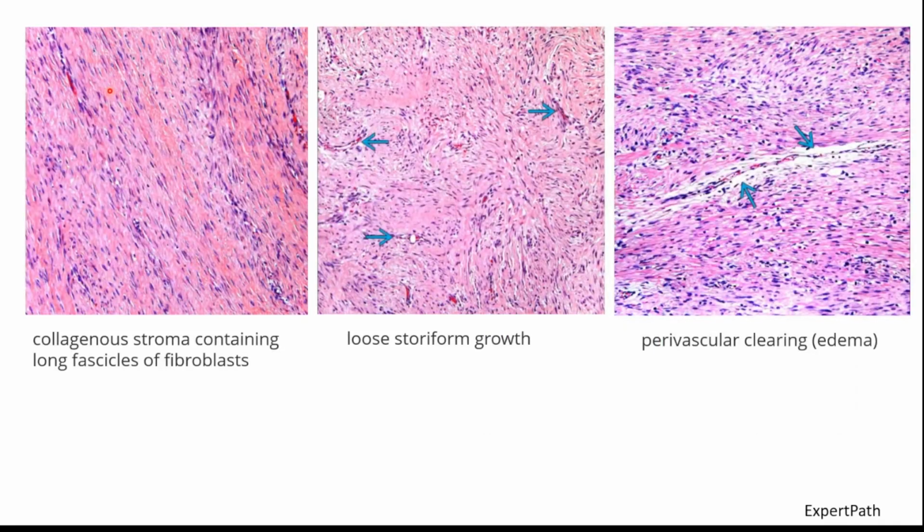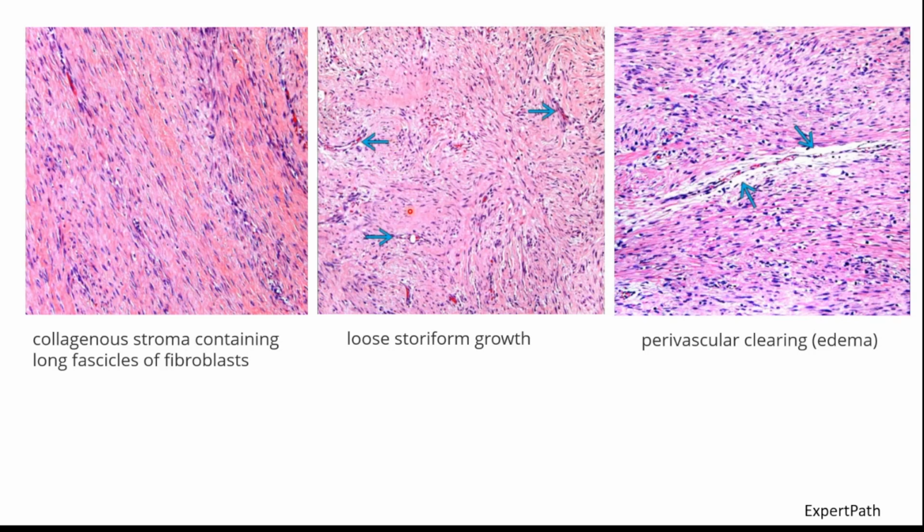So we also can see this long fascicular growth of these spindle cells, and how do we tell the difference between fibroblast, muscle, and also neural spindle cells? In these fibroblasts or myofibroblasts, between the spindle cells, we can see this collagen fiber. In the high power, you will see more clearly. So that is fibroblast or myofibroblast proliferation, not muscle, not neural.